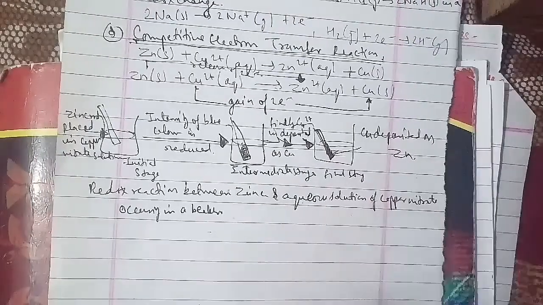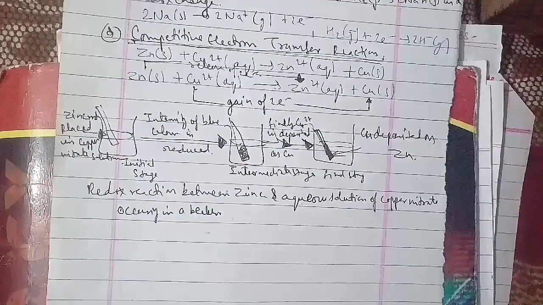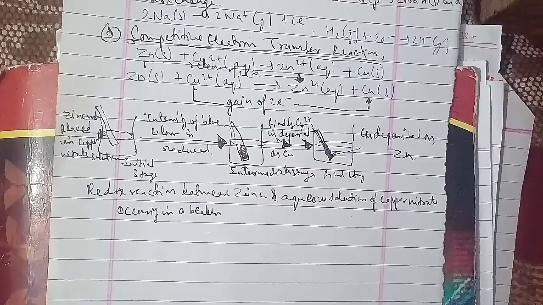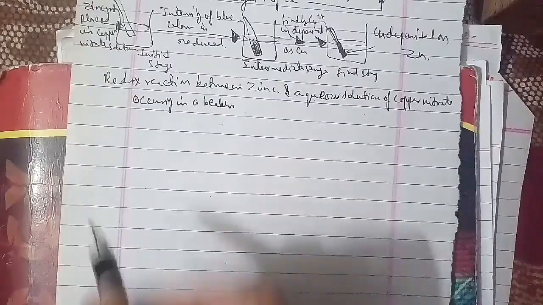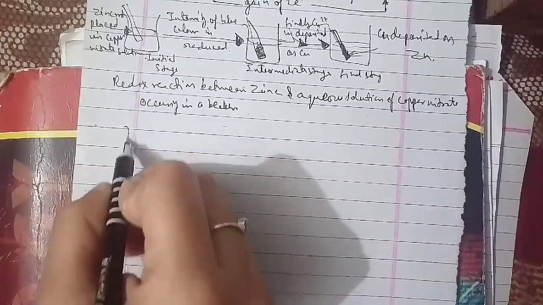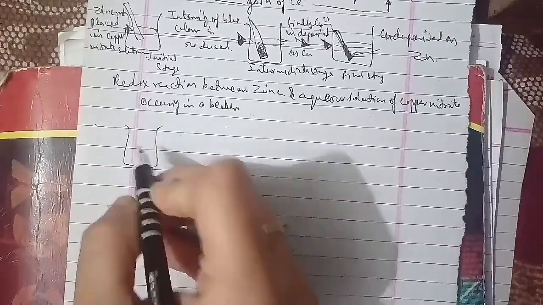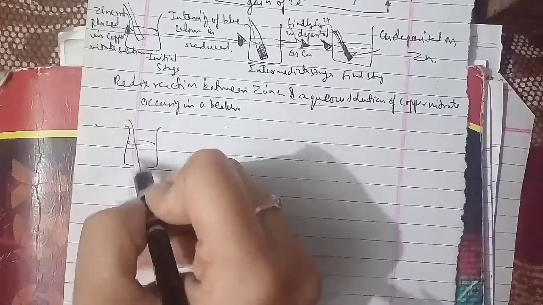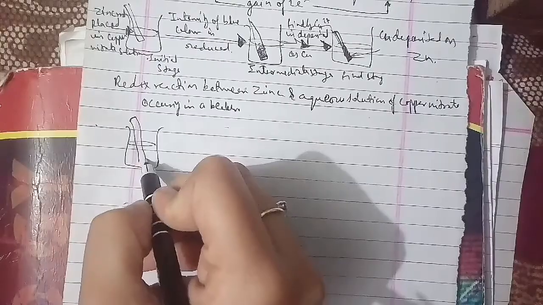Okay, now we talk about the redox reaction between copper and aqueous solution of silver nitrate occurring in a beaker. This is an initial stage.